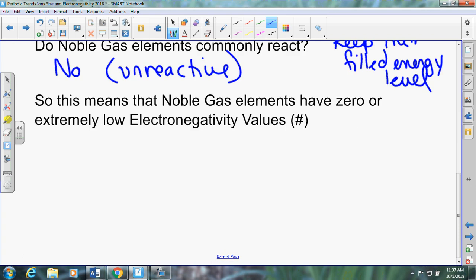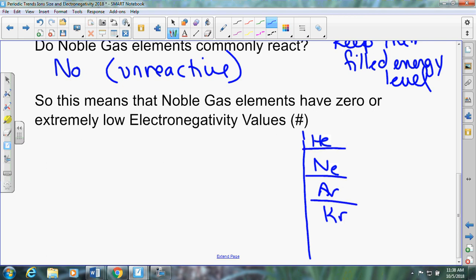And last but not least, this is a summary of what that means. Noble gas elements have zero or extremely low electronegativity values. If you go to that last column and you find helium and neon and argon and krypton and so on, and you looked at a table of electronegativity values, it pretty much means they're zero or extremely low.